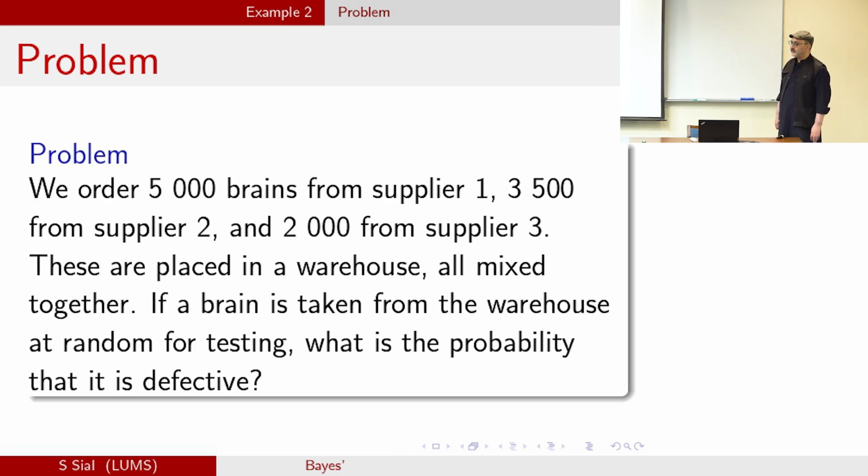What might I use to work out the probability that any random brain selected will be defective? Sir, currently what we have is defective given 1 or defective given... Yeah, right. So we have defective given supplier 1, defective given supplier 2, defective given supplier 3.